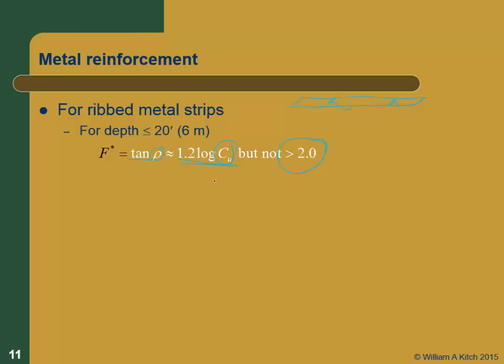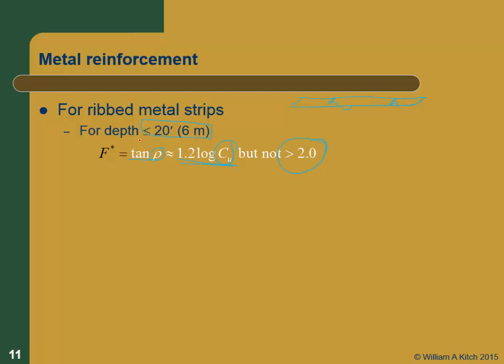Notice this is tan phi. So that's a coefficient of friction that's actually greater, that's 2. That's saying you're getting more horizontal resistance than your vertical stress. These are for depths less than 20 feet. Because what's happening at depths less than 20 feet, you have relatively low confinement.